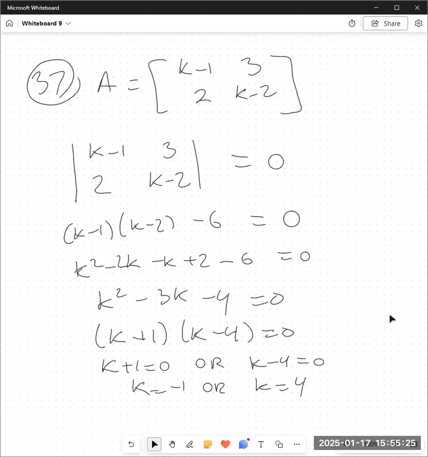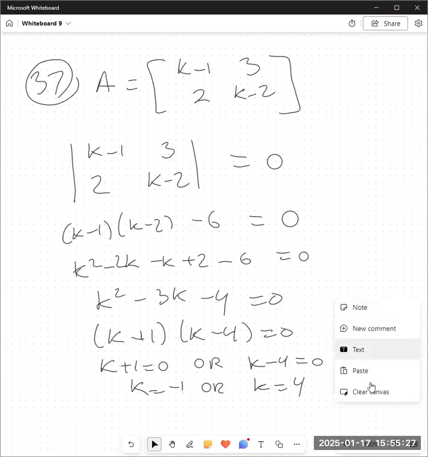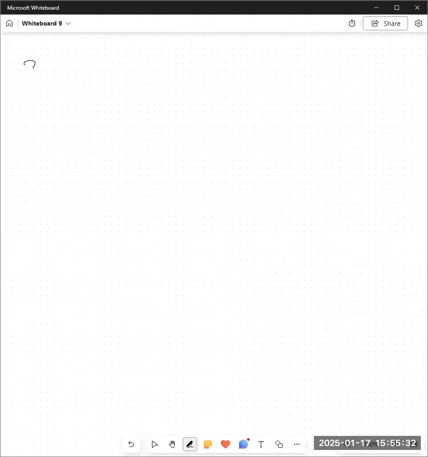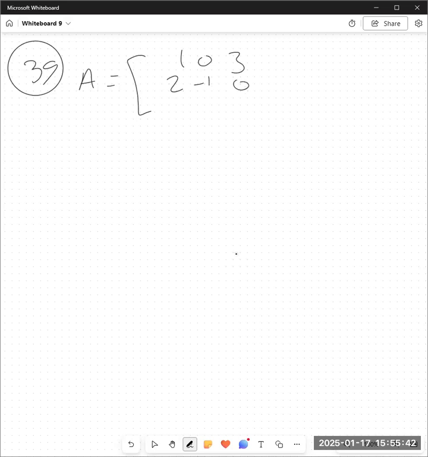Moving on to number 39, same instructions, trying to find under what conditions this matrix would be singular. So we have 1, 0, 3, 2, negative 1, 0, 4, 2, k.